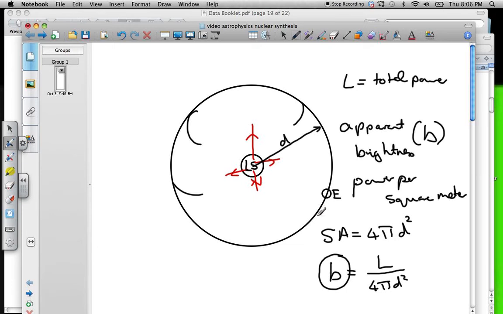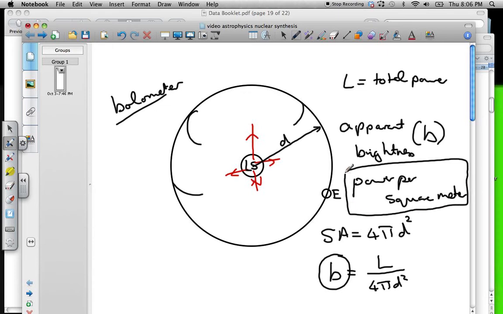In the textbook it talks about putting a bolometer, B-O-L-O-M-E-T-E-R, onto a telescope pointed at a star, and that can measure the apparent brightness from the star. There are other means which you should look up. So that is our apparent brightness: the power per unit area that is received at a certain point.